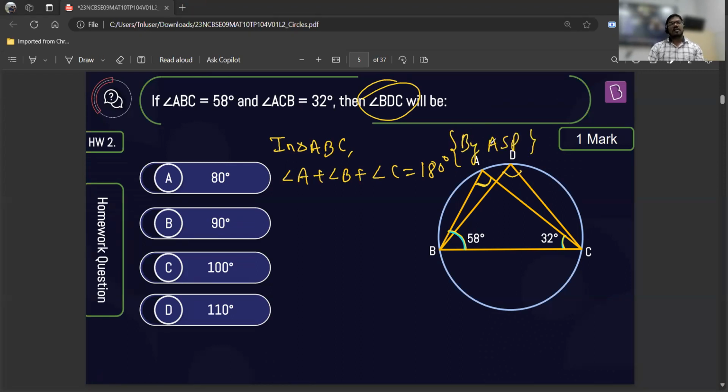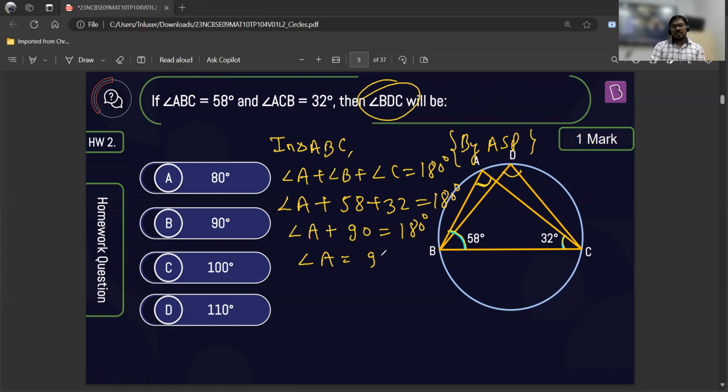Whatever values we know, just put them here. Angle A we have to find, B is 58, C is 32, equal to 180. So angle A plus 90 is equal to 180. That means angle A comes to 90 degrees on simplification. So option B is correct.